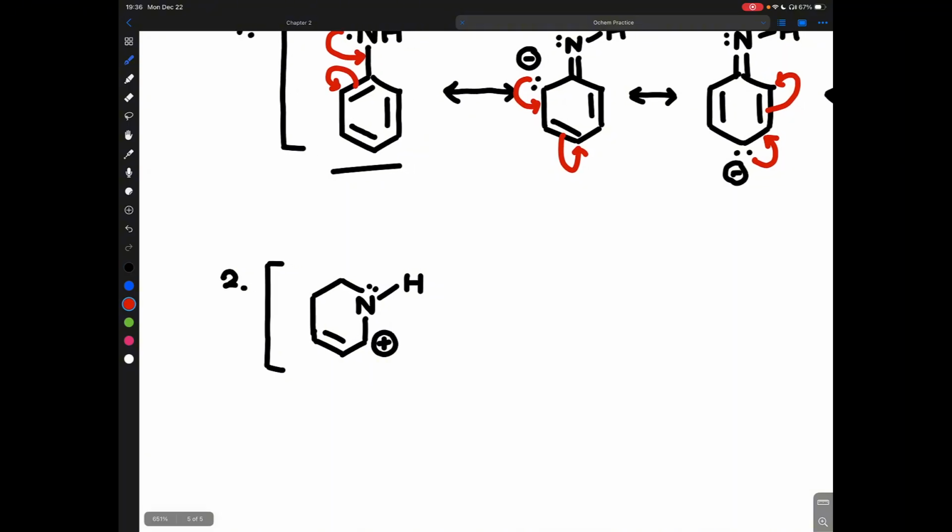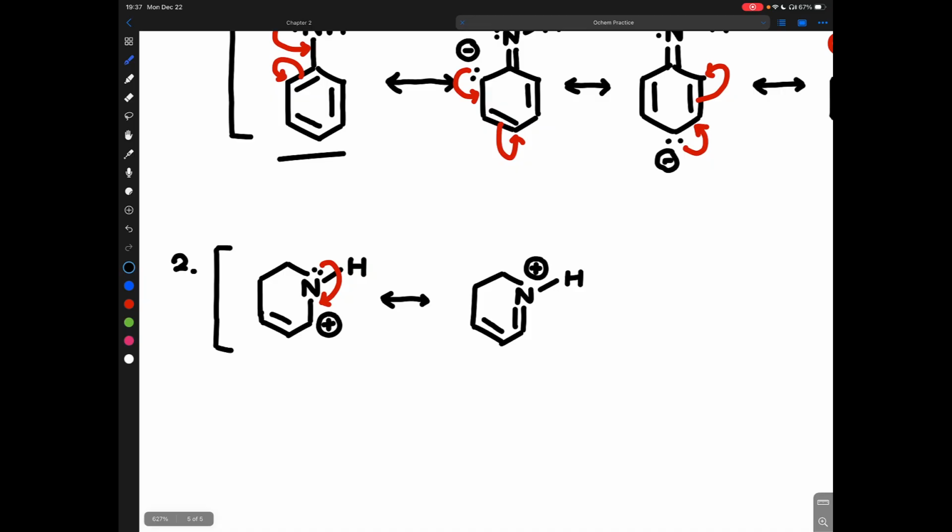So let's just start off with the adjacent lone pair on the nitrogen by using one arrow. As observed here as well, the total formal charge, which is +1 in this case, is maintained throughout all resonance structures because it doesn't change.